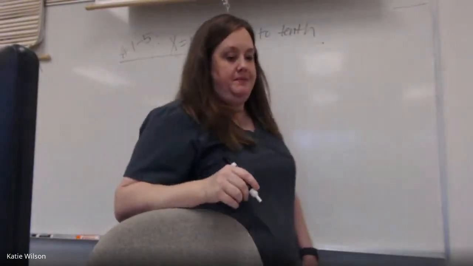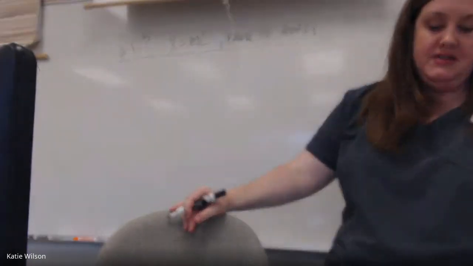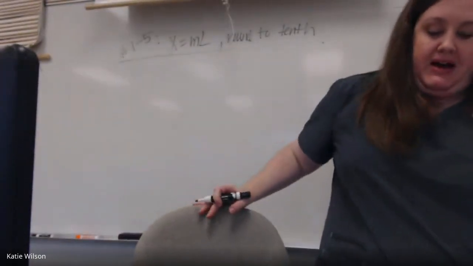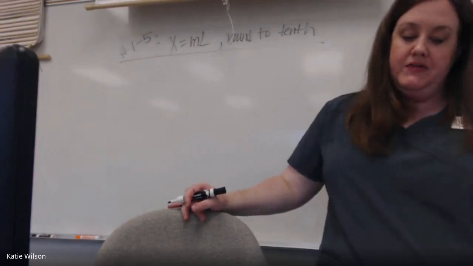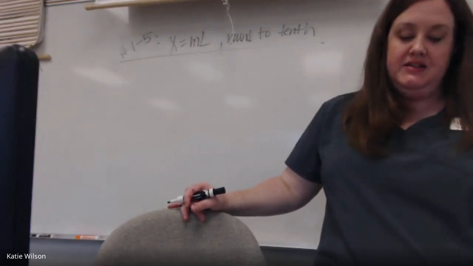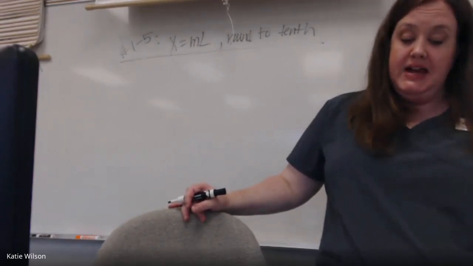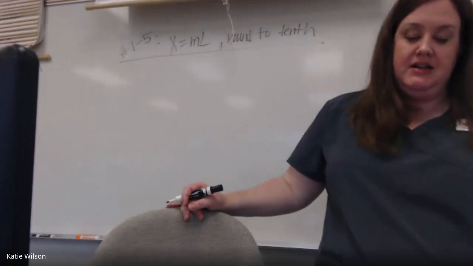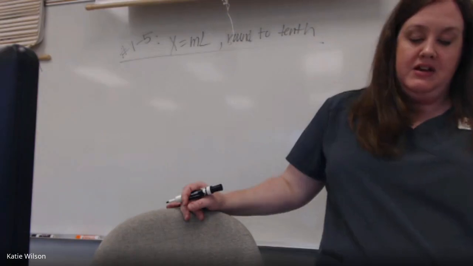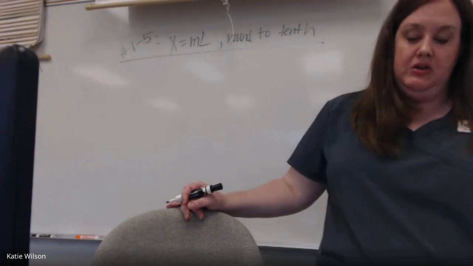Number 1, a provider orders acetazolamide, 500 milligrams IV every 12 hours. The pharmacy provides acetazolamide in vials containing 500 milligrams. The vial label states that the contents should be reconstituted with 5 milliliters sterile water for injection for a final concentration of 100 milligrams per milliliter.